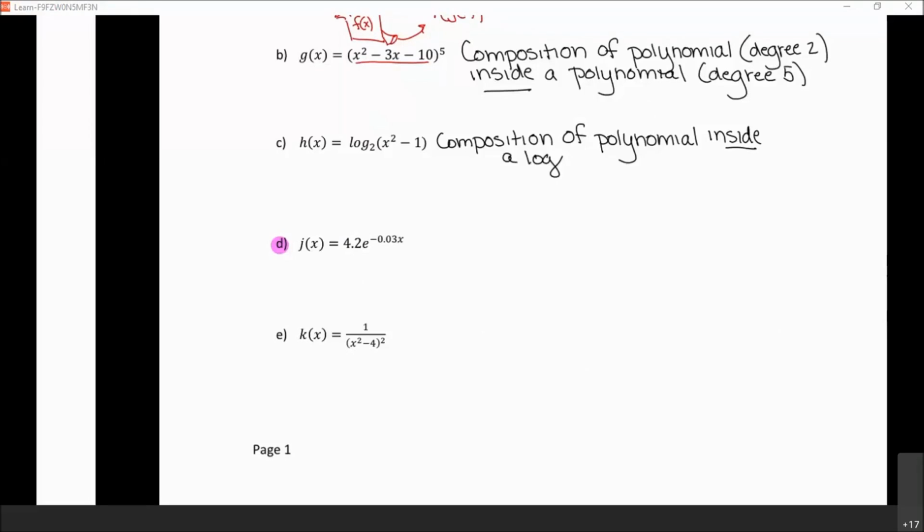I'm guessing you're seeing this much of it as an exponential function, right? e to the minus 0.03x, that's an exponential. What's going on in the exponent?